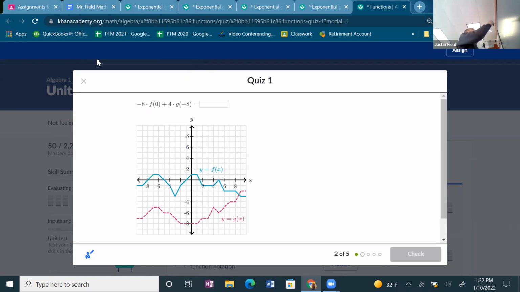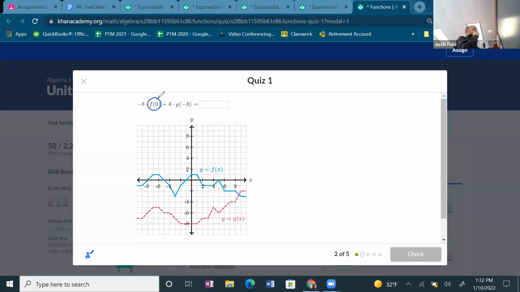Remember this one. We want to find f of 0. f is the blue graph here. And so at 0, it's at 1, it looks like. And g of -8, g is the pink graph here. Looks like it's -7.